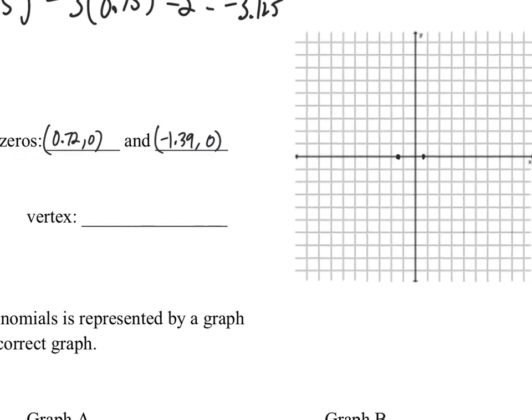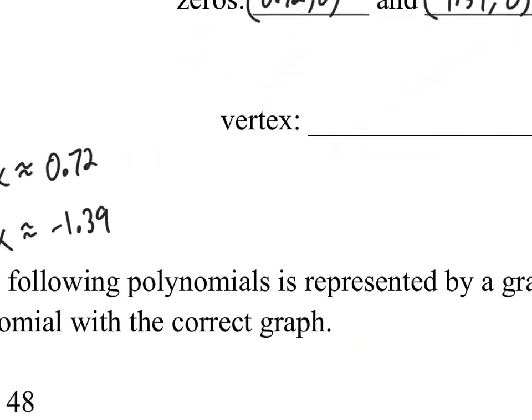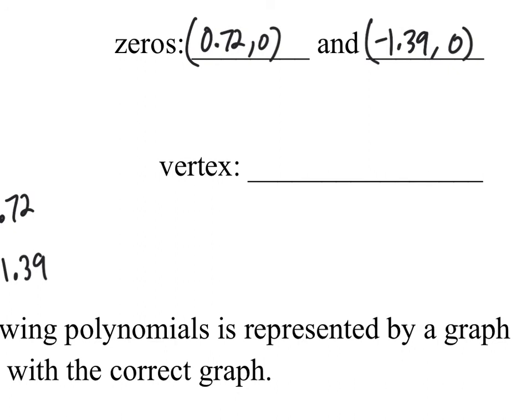And then to find the vertex, we're going to add those up and divide by 2. And that's going to give us the approximate value of the vertex, so 0.79 plus, I wrote that wrong, didn't I? It's 0.72.